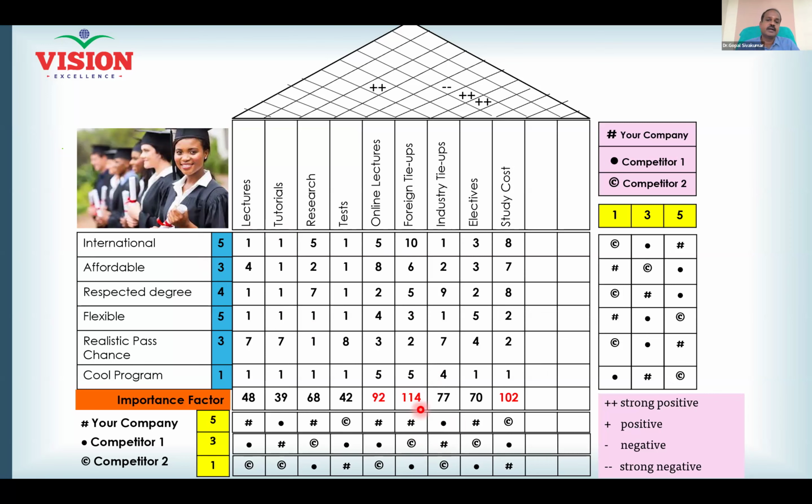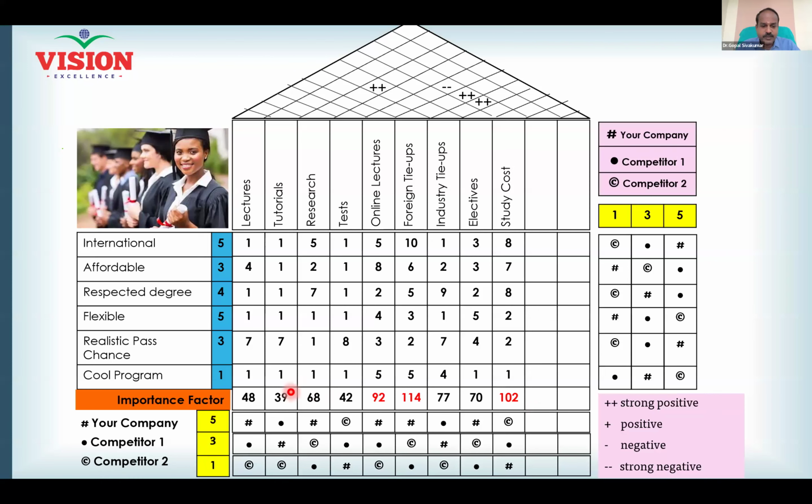Clear? And the next focus is on the cost. On one side, they are concerned about the international recognition. On the other side, they are very much concerned about the cost associated. You need to find out the optimum range of the cost. And the third one is they give more importance to the quality of online lectures.